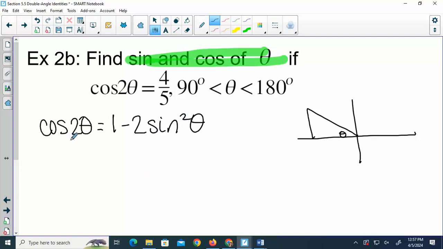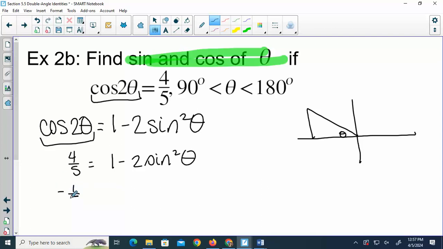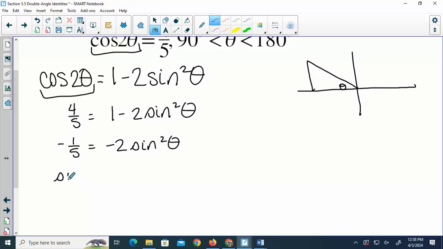Okay, so now we plug in what we have. Cosine of 2 theta gets replaced with 4/5. If you subtract 1, 4/5 minus 1, negative 1/5. Divide by negative 2, it becomes a positive 1/10.